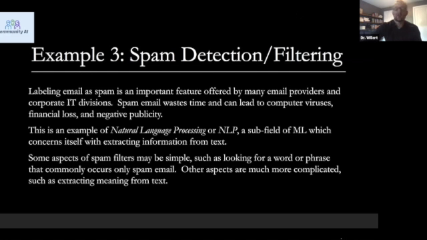And there are a lot of algorithms which can take a paragraph of data or an email and learn information about it. So some aspects of spam filters might be very simple, like looking for a word or phrase that shouldn't be in there. But others are much more complicated, and those are essentially extracting meaning from text.